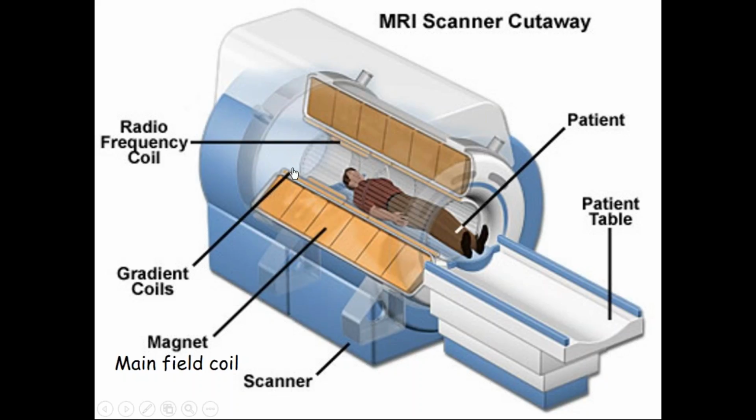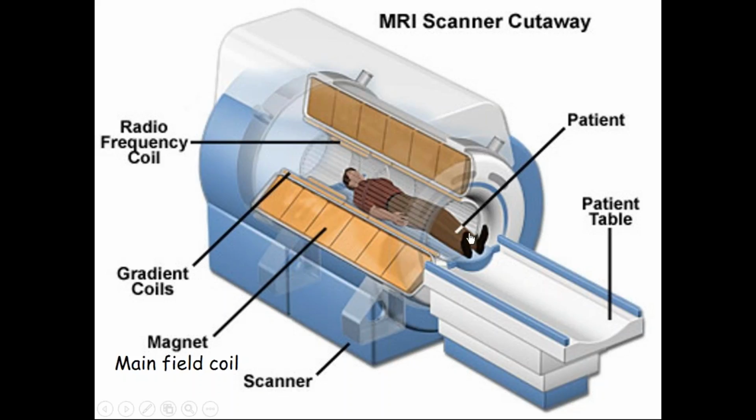The gradient coils, and then the main field coils that go completely around the patient. So you have these loops. Remember the loop? You have a loop, and then you have a magnetic field going right down the center of the loop. Remember that picture? The typical magnetic fields, the north and the south, go from head to toe on the patient. They go right down the middle of the bore of a superconducting system.